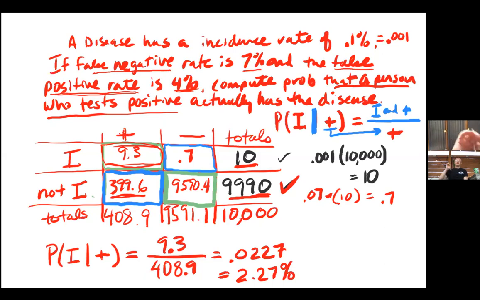So if you go in and get a test and it comes back positive, you always want to do it again. You want to double check, because the probability you actually have the disease is really low. And that's what this conditional probability is calculating for us. If you've already tested positive, what's the probability you actually have the infection? It's less than 3% chance that you actually have the infection.